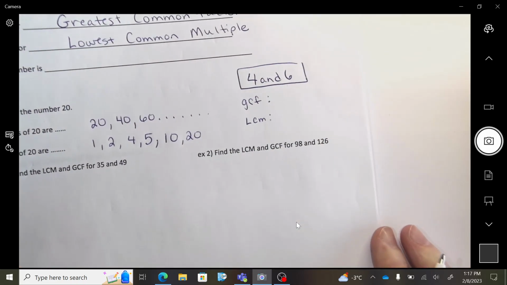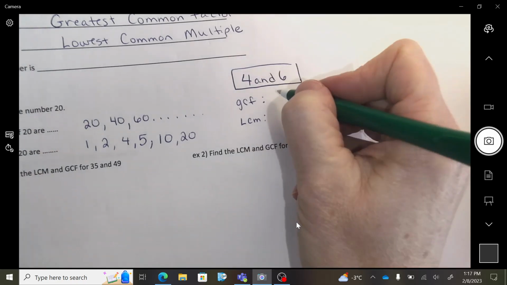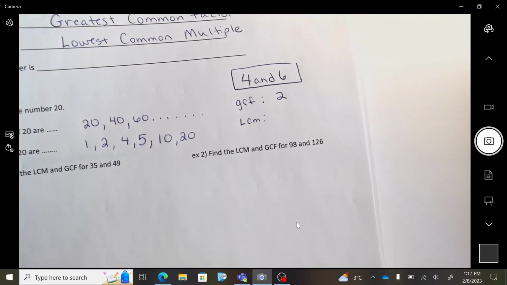Okay, I'm going to take a very simple example here. My example is just between a 4 and a 6. What factors would they each have, and what would be the biggest? What could I divide them both by? 2. That's the greatest common factor between both of them.